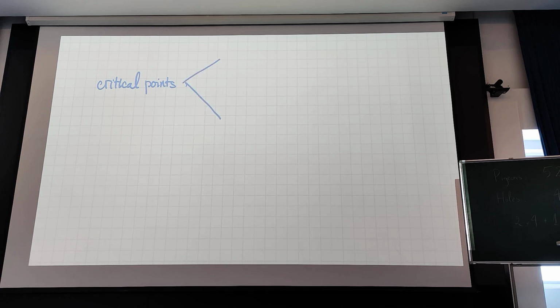So critical points contain two types of points. The first one is singular points.